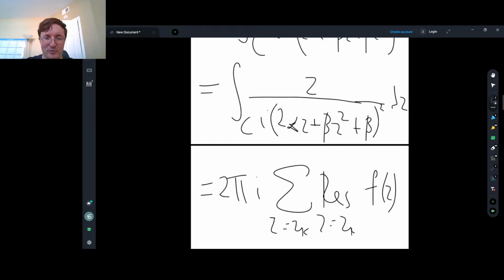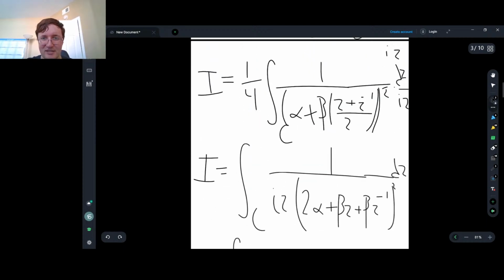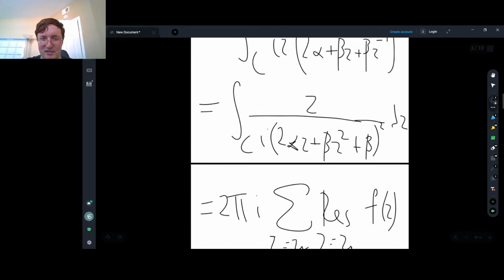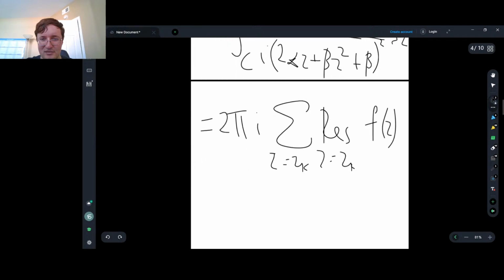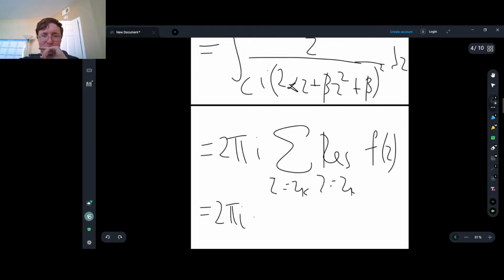Okay, what will that be? I just have to figure out where this denominator is 0. Well, that's a quadratic. And beta is smaller than alpha. Let me figure out when this is 0.